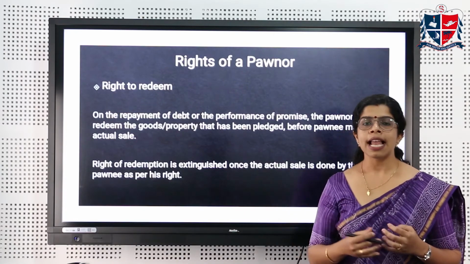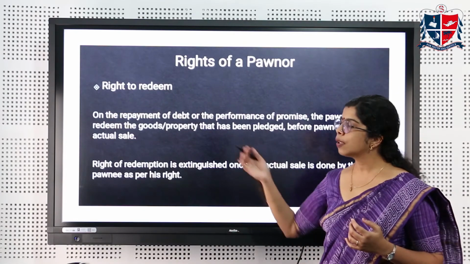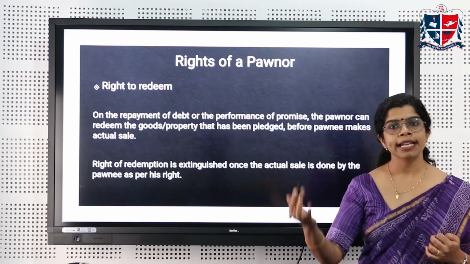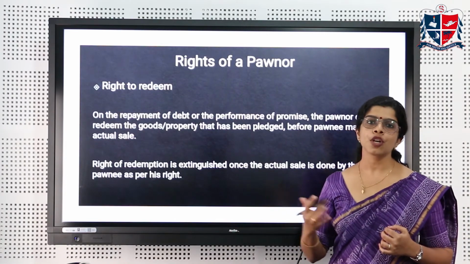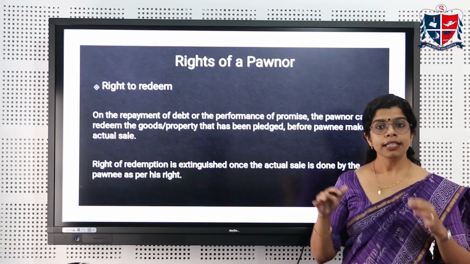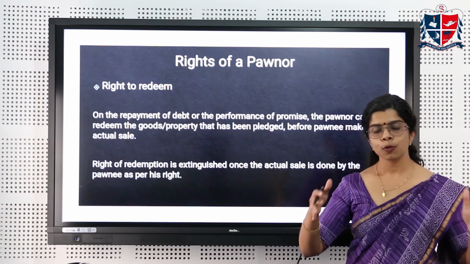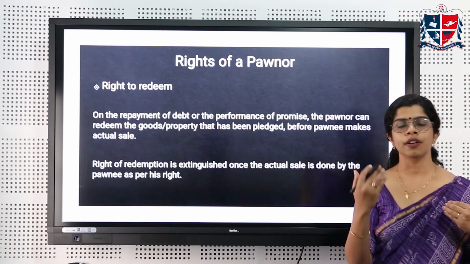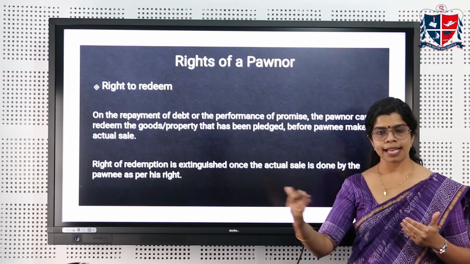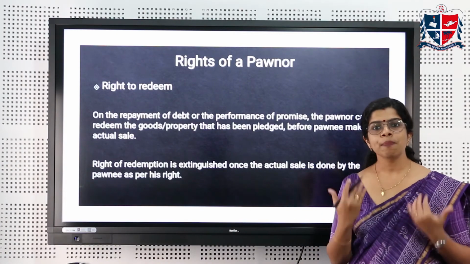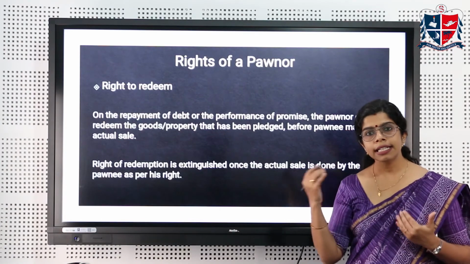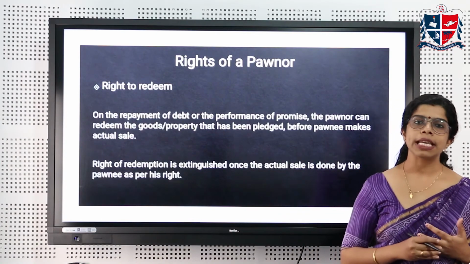Now, before the sale happens, the pledger has every right to get the goods back from the pledgee or pawnee until the pawnee makes the actual sale. So there is time. Even if his time of repayment has exceeded, he can still make a claim until the pawnee makes the actual sale.